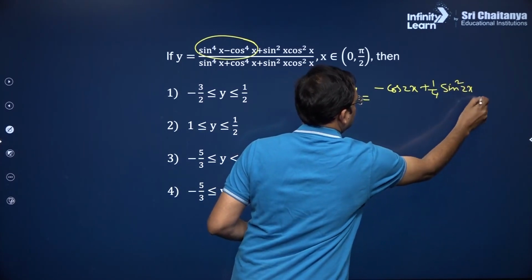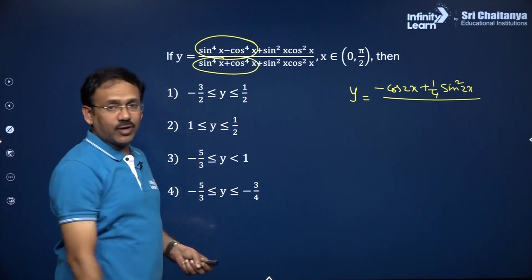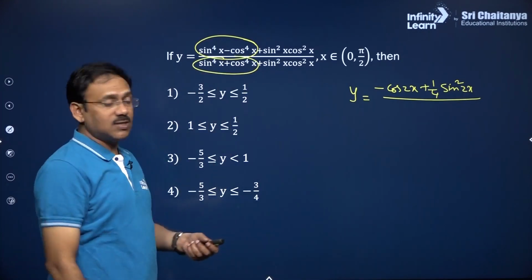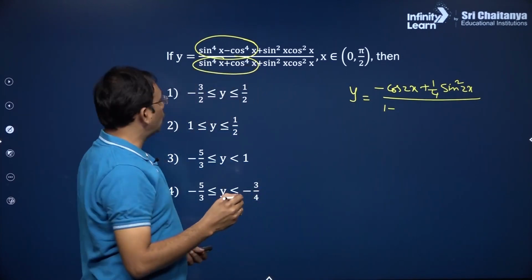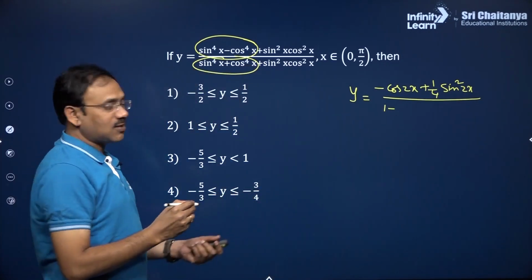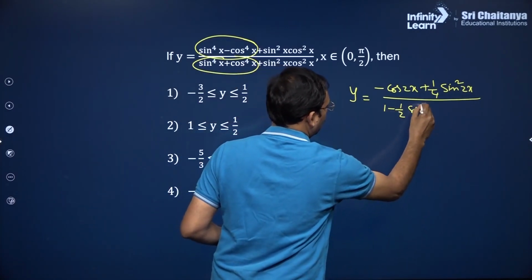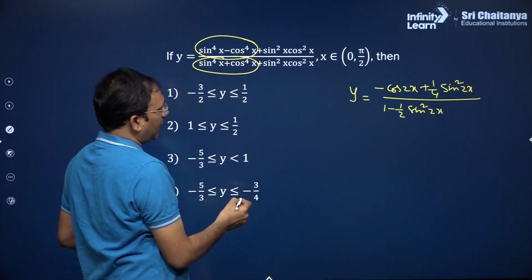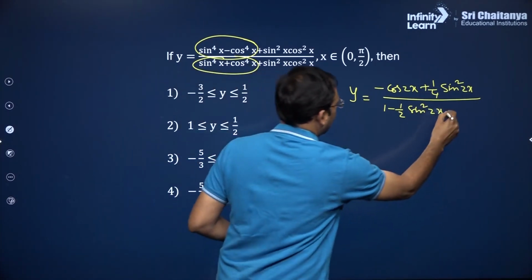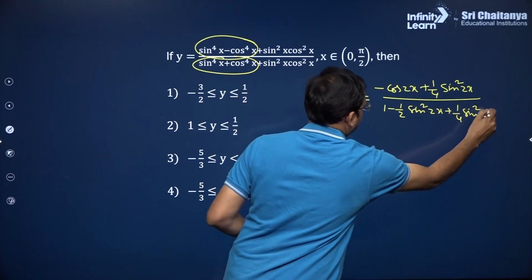This sin power 4x plus cos power 4x, you can treat like a square plus b square. So a plus b whole square minus 2ab, that is 2 sin square x cos square x. So you can write 1 by 2 sin square 2x. Then sin square x cos square x is again 1 by 4 sin square 2x.